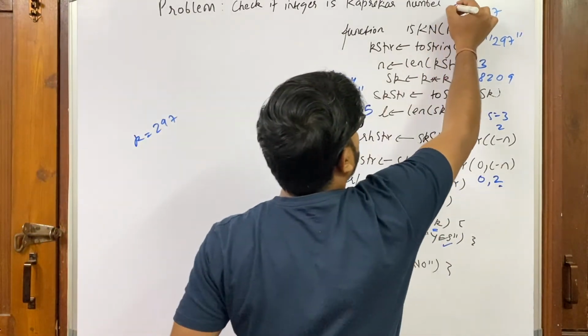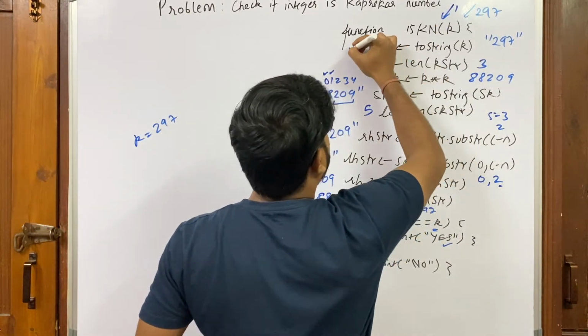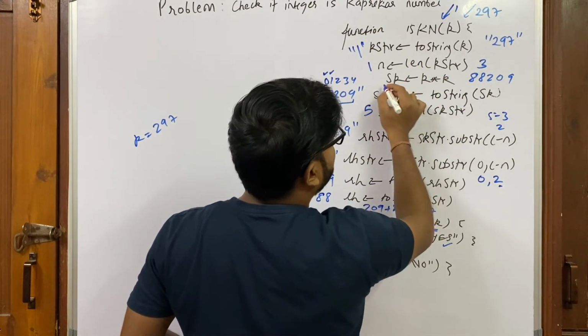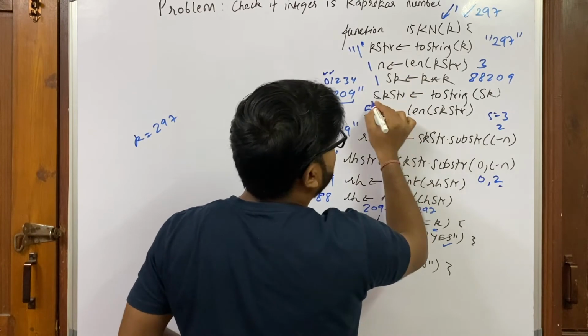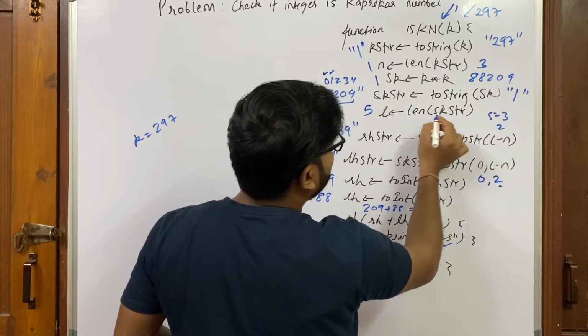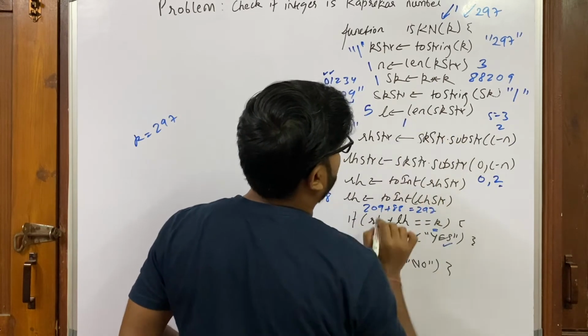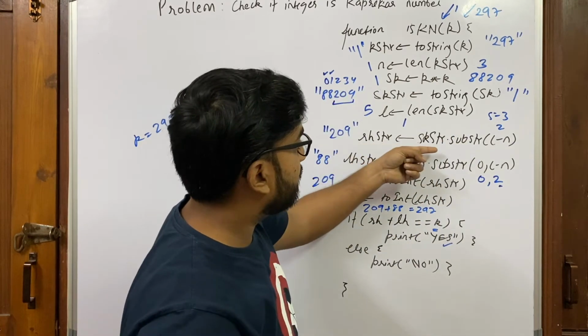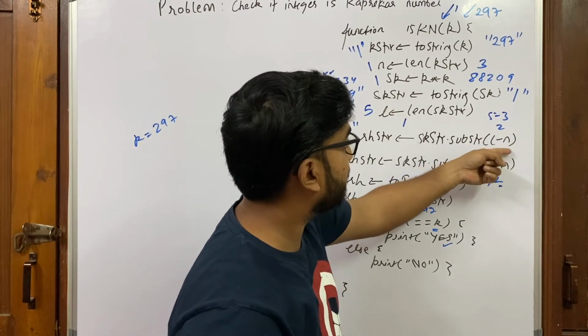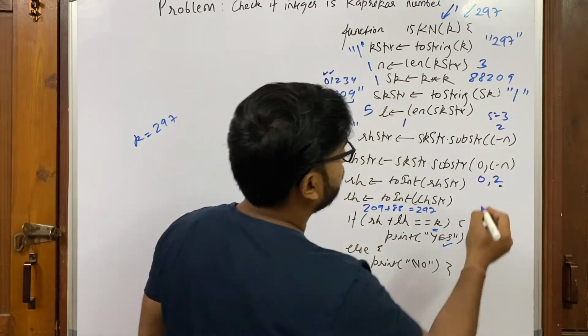Let's take another example. If I have k as 1, kStr is going to be 1, n, the length of kStr, is going to be 1, the square of k is 1 times 1, which is 1, skStr is 1, and the length of skStr is 1. The right half string is skStr.substring(L - n). L is 1, n is 1, so you get 0.